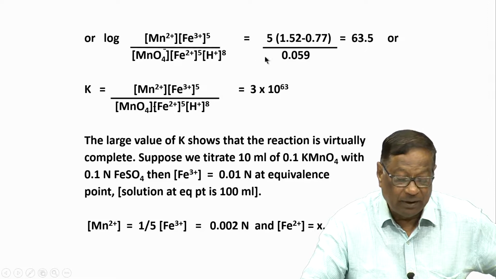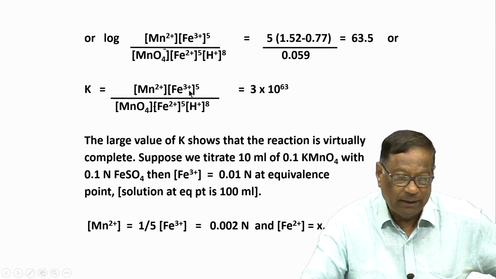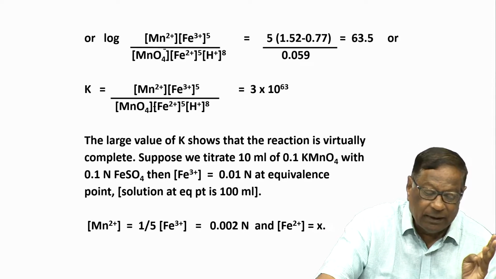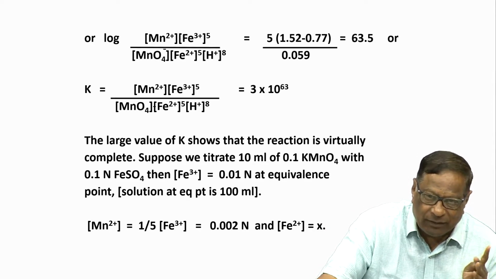So, K is equal to this value divided by this value. How many species are there? Again 3, because of MnO4-, Fe3+, Fe2+, one oxidant, one reductant, and H+.